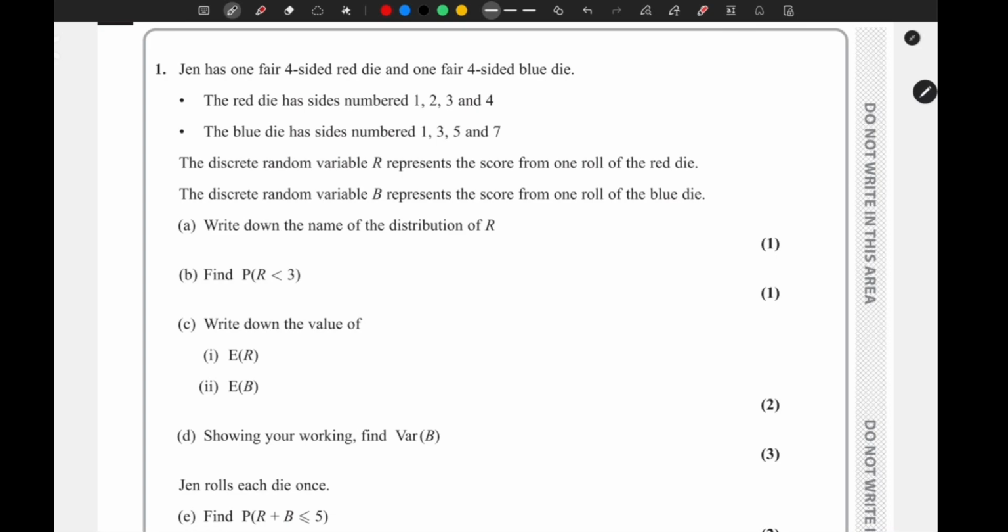So Jen has one fair four-sided red die and one fair four-sided blue die. The red die has sides numbered 1, 2, 3, and 4, and the blue die has sides numbered 1, 3, 5, and 7. The discrete random variable R represents the score from one roll of the red die, and B represents the blue die.